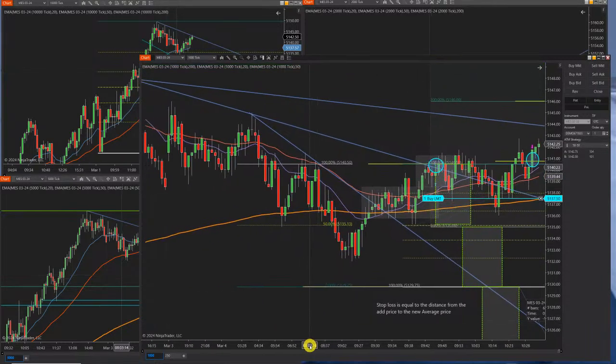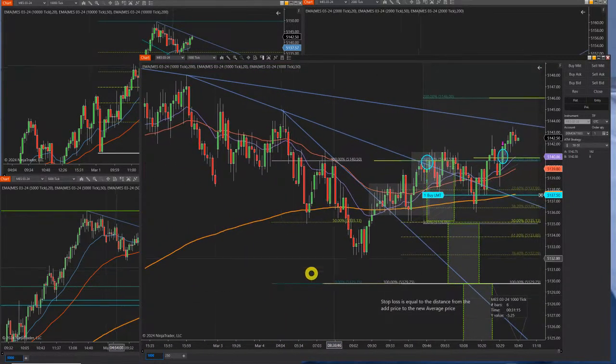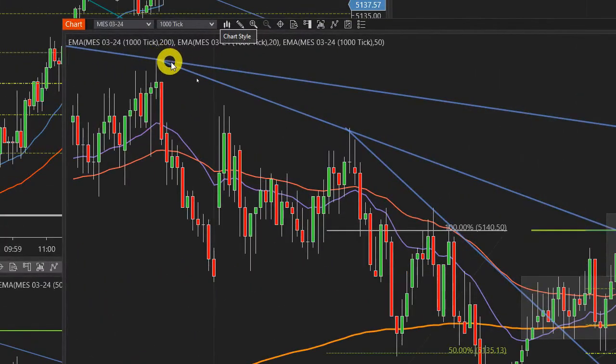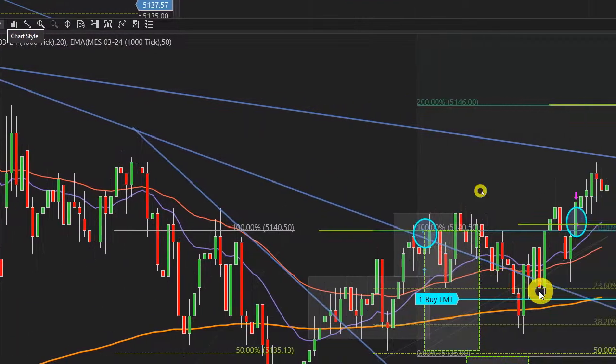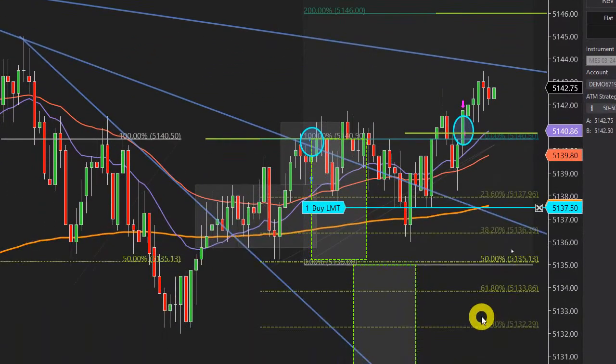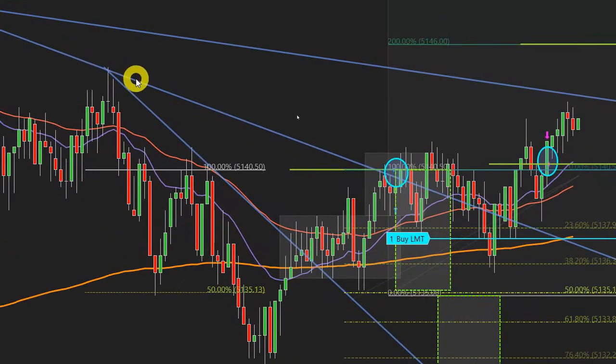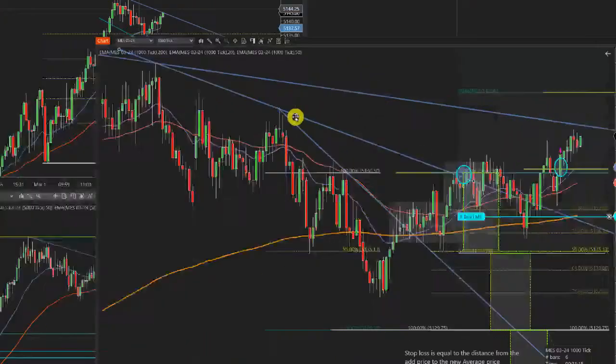I guess one flaw of the entry was I got in at the top of this trend line, right there on that trend line. And that was the high point, premium time to get in it.